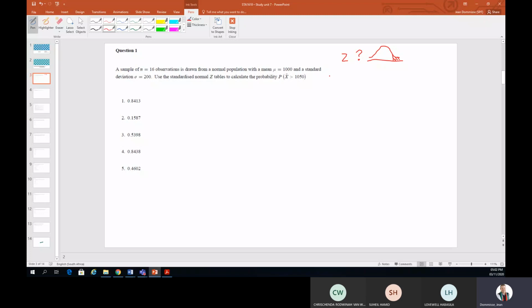So first we need to calculate the Z, and then use that Z and go to the table. Here they tell us we're going to use the Z table. You don't even need to worry if it is population or sample, but they do tell us it's a normal population. So basically we're going to work out the Z.